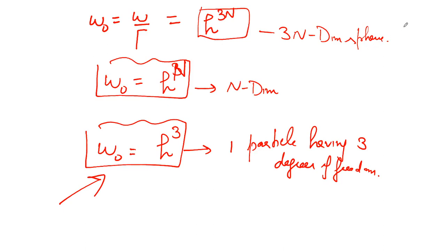And from that you can calculate all those other cases, if you are solving this problem for this n dimensional sphere, or if you are solving only for one single particle which is having 3 degrees of freedom. So these all three equations are quite important from a numerical point of view, and you will use these equations when you solve these micro-canonical ensemble problems.